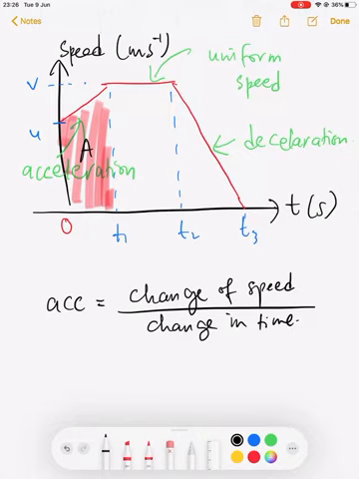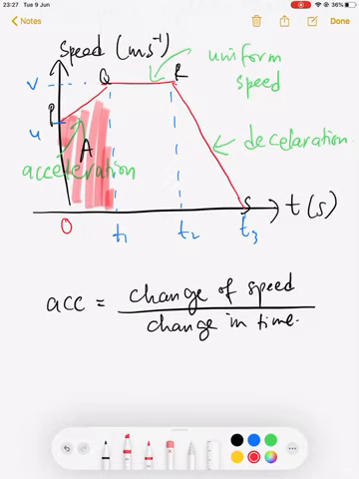So from point P to point Q to point R to point F. Under the graph PQ, the area is the distance travelled in the period of t1 seconds.